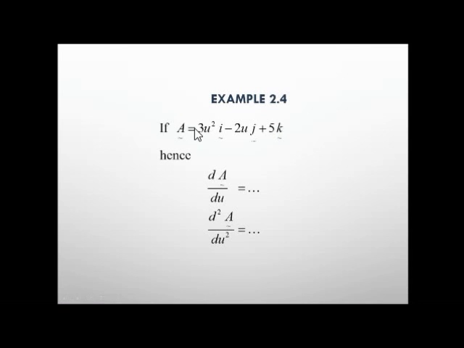We will get 6u i cap minus 2 j cap plus 0, that is dA by du. Similarly, you can find the second derivative of A. You need to go through these examples. These are very simple examples, just covering the basic form. I am discussing the slides and then again explaining the examples.